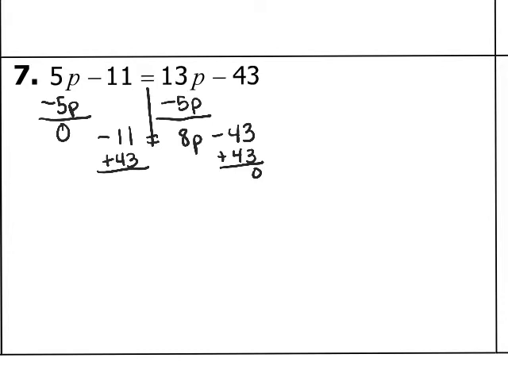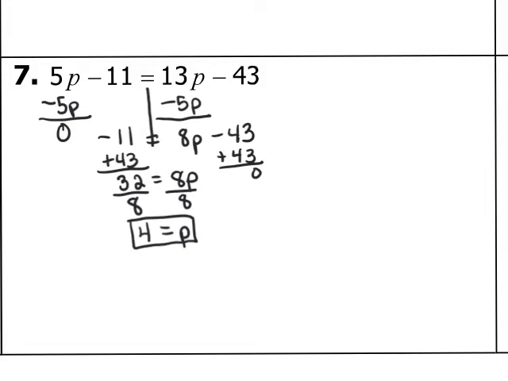Subtract 11. So that gives me 32. Equals 8p. Now, I have this pile of 32 units, and I have to put them into 8 groups. And so 32 divided by 8 is 4.